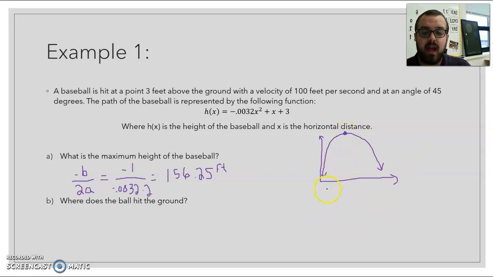So then what do I do from there? Well, now I'll plug it back in to figure out what the height will be for that point.